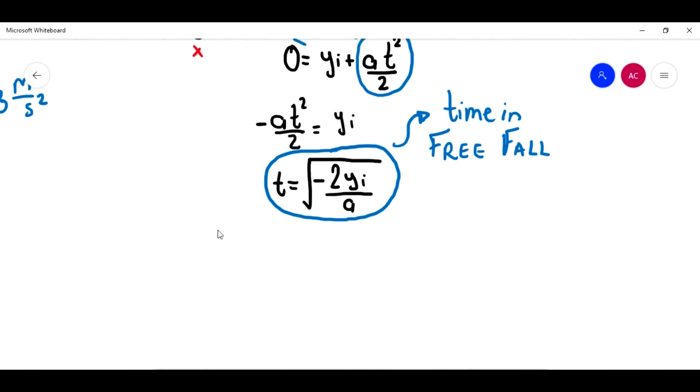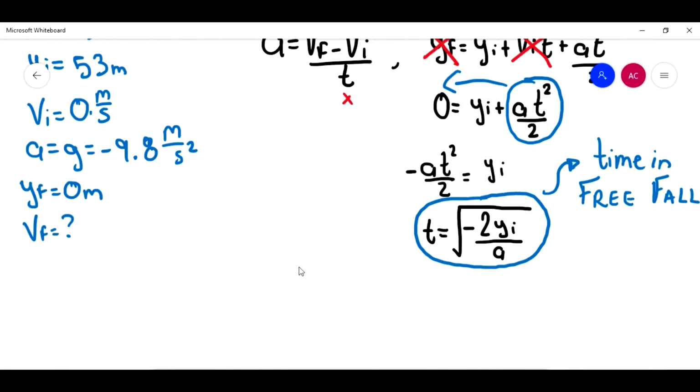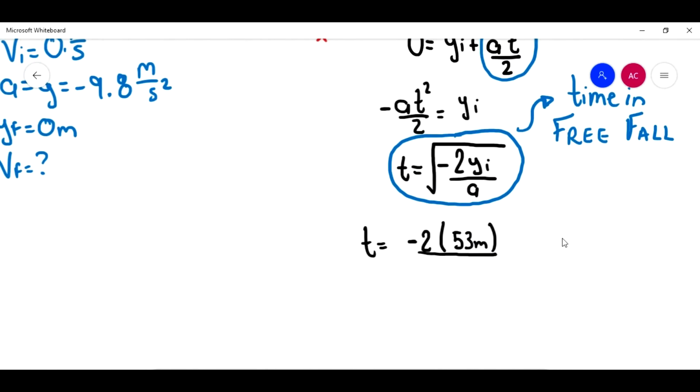So let's do it. I'm going to write it here. Time equals minus 2 times 53 meters over the value of the acceleration, that is the value of the gravity, minus 9.8 meters per second squared.